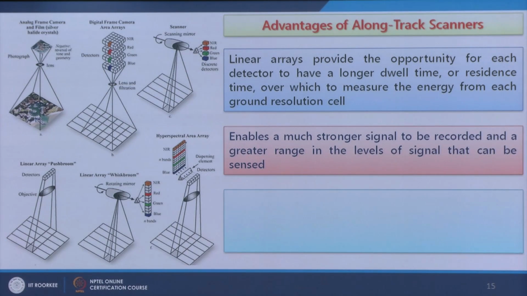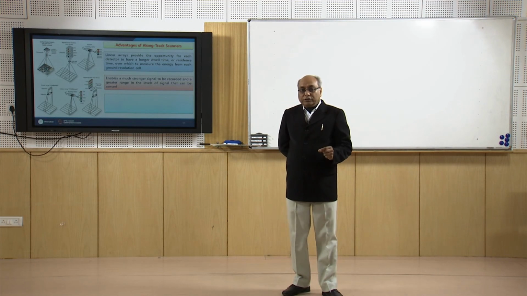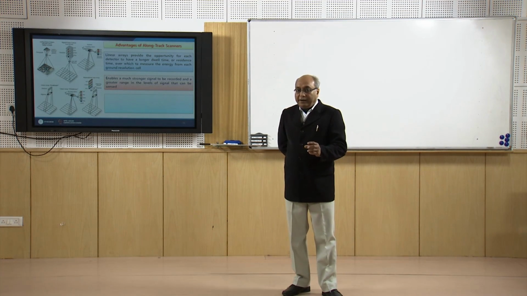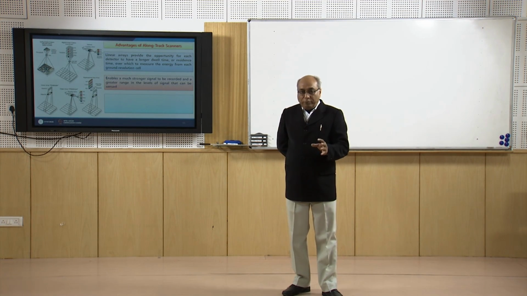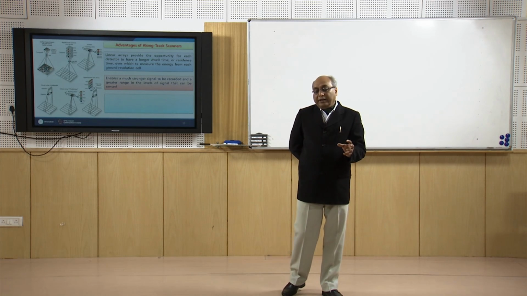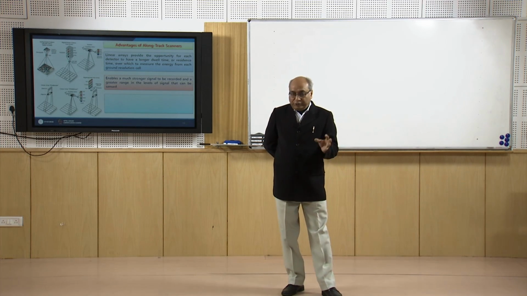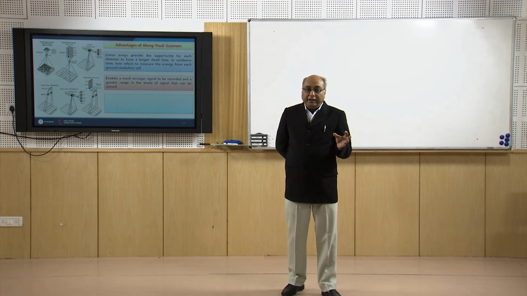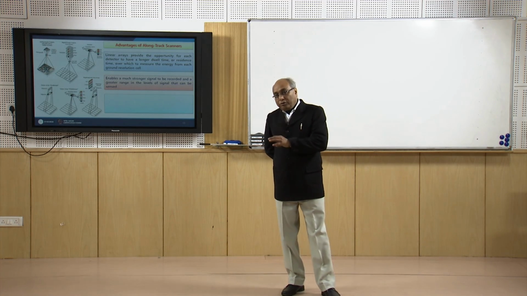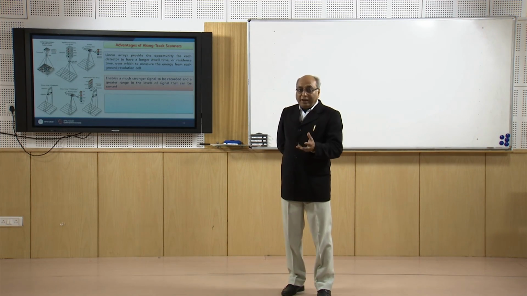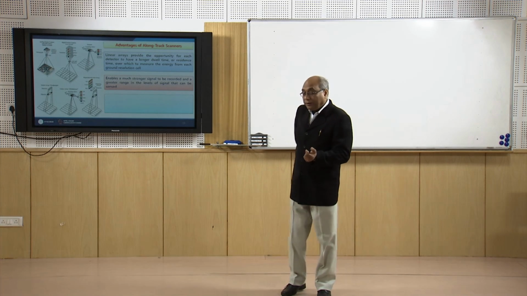This array concept and along track scanning has allowed us to move from relatively coarser resolution data like MSS, which was an optomechanical across track scanner, to along track scanning systems, which has allowed us to go for higher and higher spatial resolution.